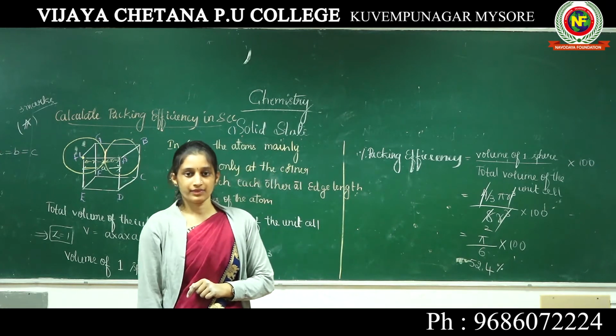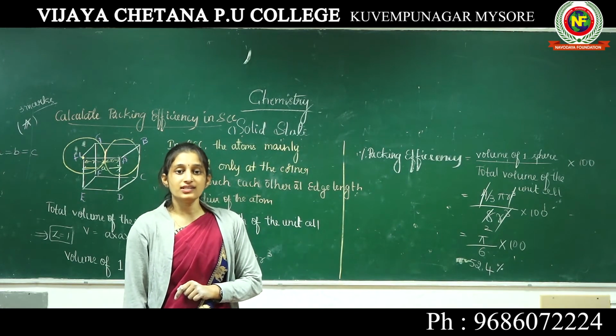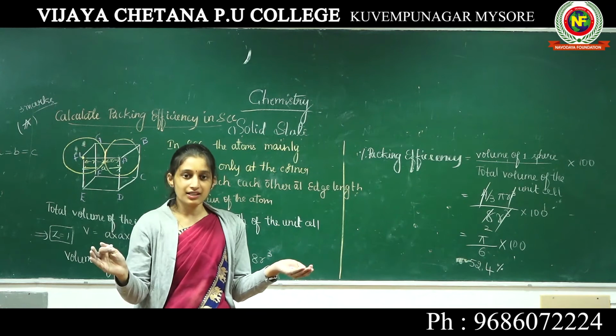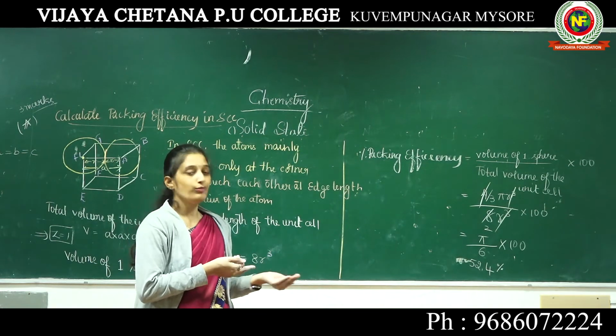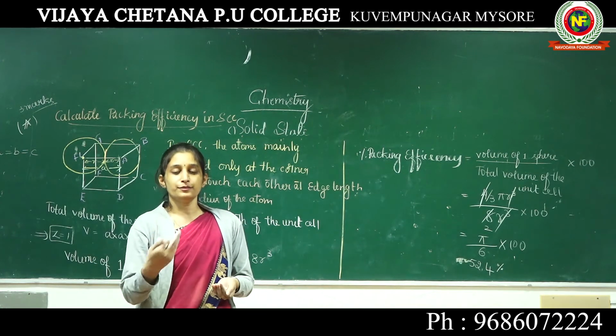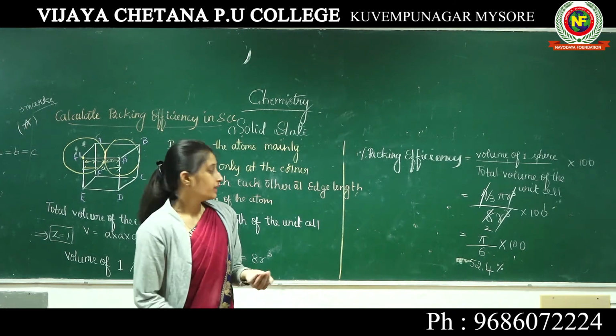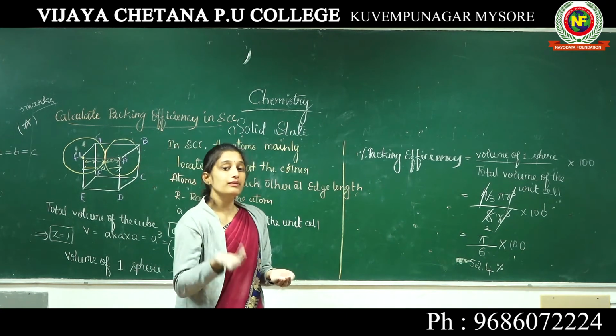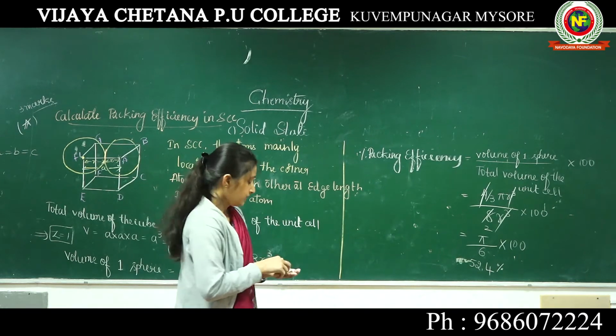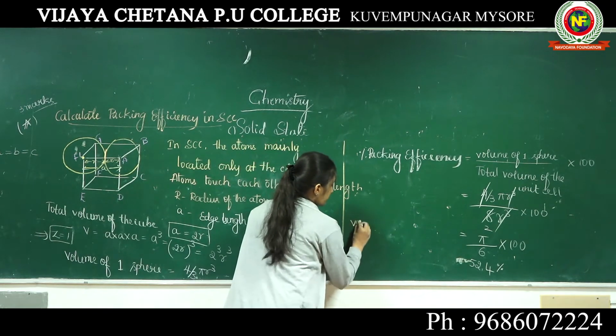52.4%. Means what is the packing efficiency? 100% space is there, means half. 52 means almost half, it's packed fully. Then half packed means remaining half vacant. That's why vacant space.